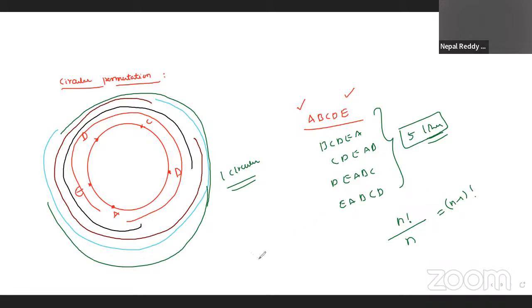Here, each circular arrangement is 1 by n into the linear arrangements. That's all. So that's why you'll get n factorial by n, which gives n minus 1 factorial.